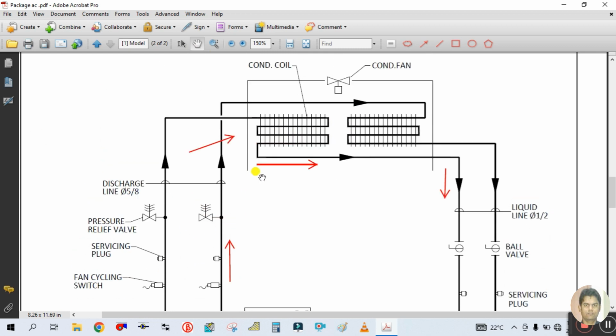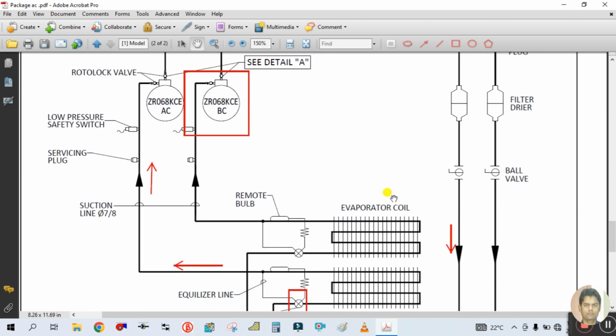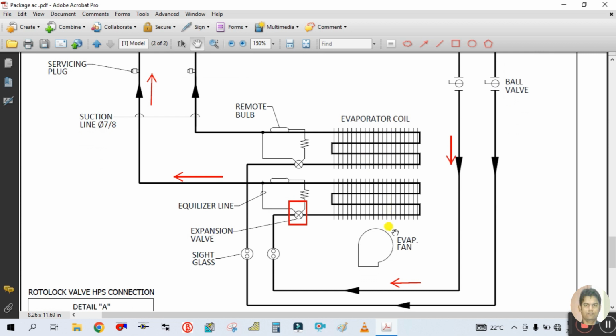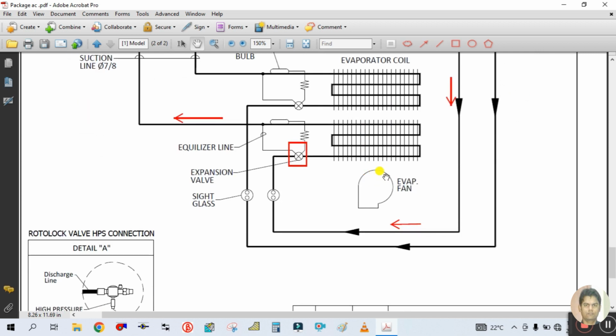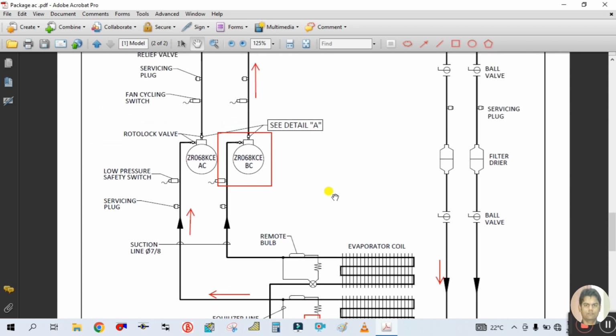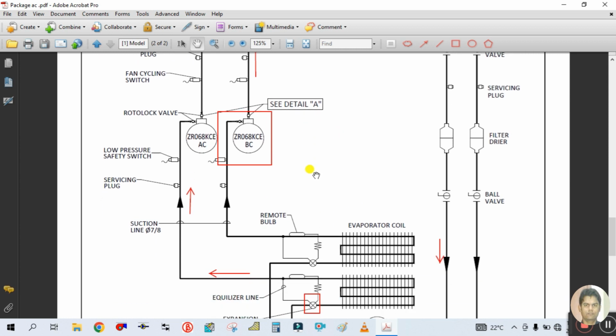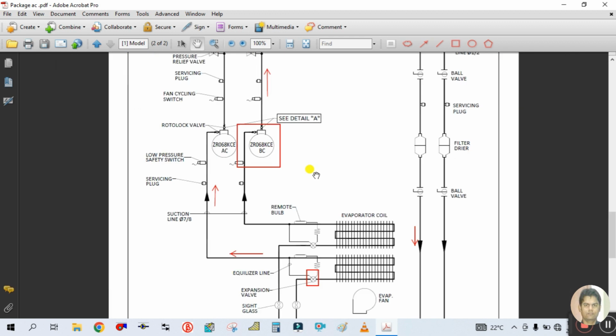Again here it will change its phase, and again this cycle continues. So this is how the vapor compression cycle works, and this cycle keeps running.